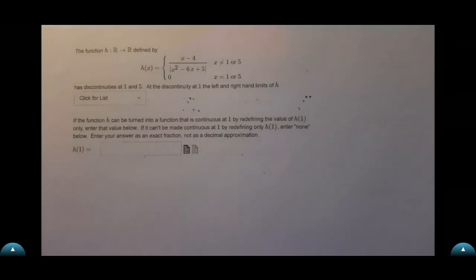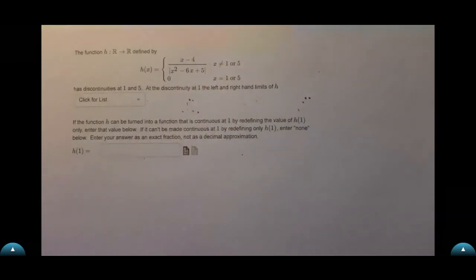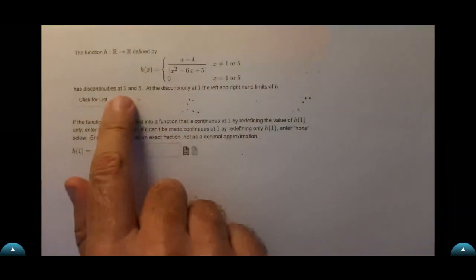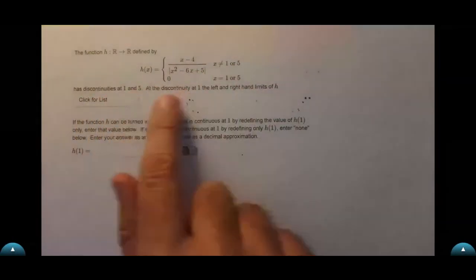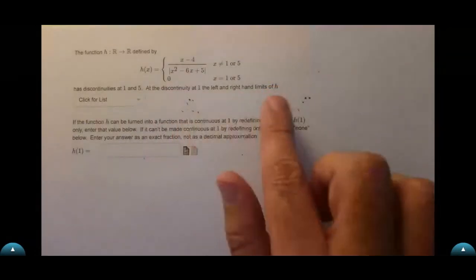So you've got another split function, and you probably have two discontinuities there where it doesn't make sense: x equals 1 and x equals 5. At the discontinuity at 1, the left-hand and the right-hand limits are, okay. Steve, Russell, what are the options here?